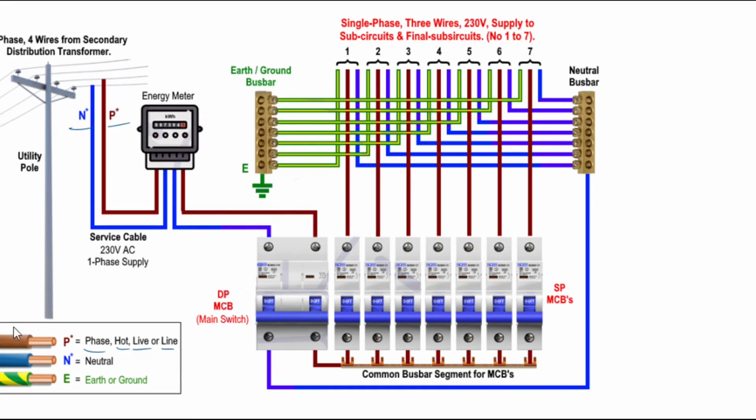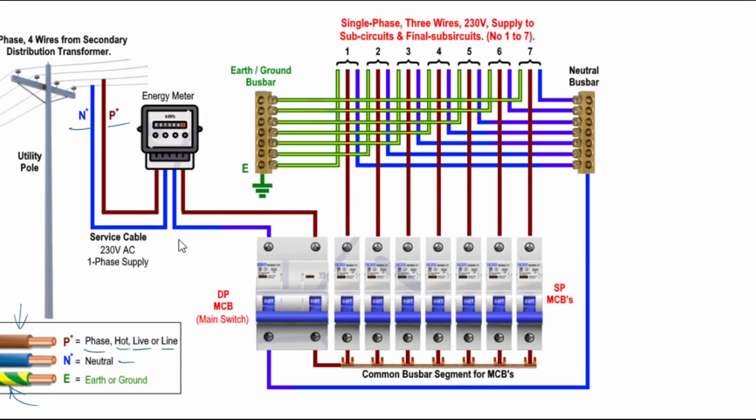These are color coded. So throughout the building wiring, you will have brown representing the phase wires or the live wires, and blue representing neutral. The green and yellow are the color codes for earthing or ground wires. So similarly to what we had before, your neutral and phase would go through the energy meter, which is owned by the utility, Kenya Power or whoever it is.